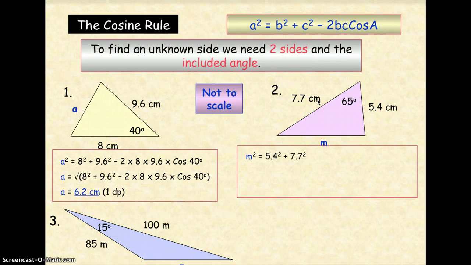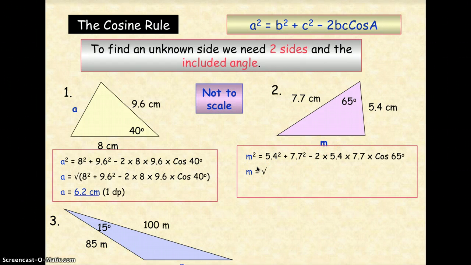You have m squared equals 8.4 squared plus 7.7 squared minus 2 times the same two given sides times the cosine of the included angle, or the angle opposite to the missing side.